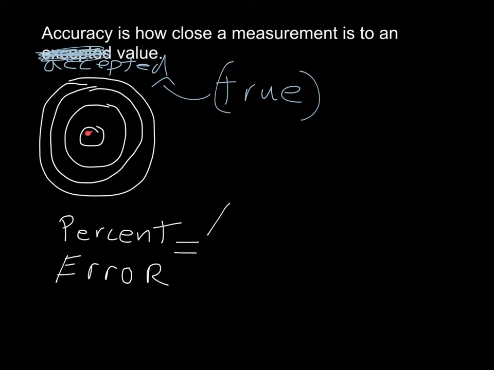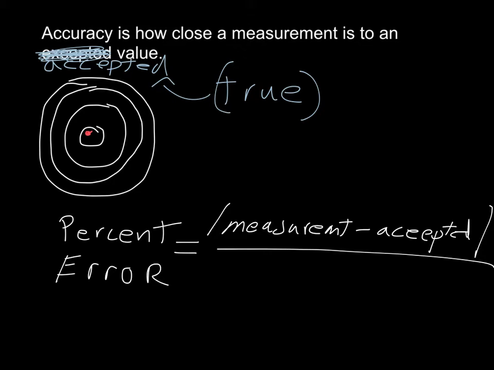Percent error is measurement minus accepted divided by accepted, and then if it's a percent, what are you going to multiply by? 100.